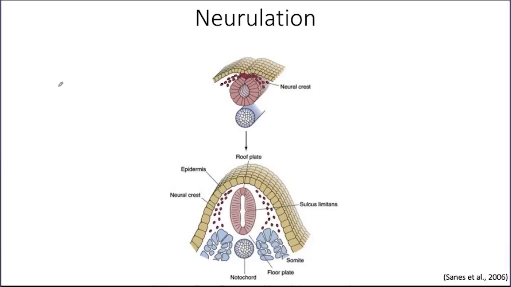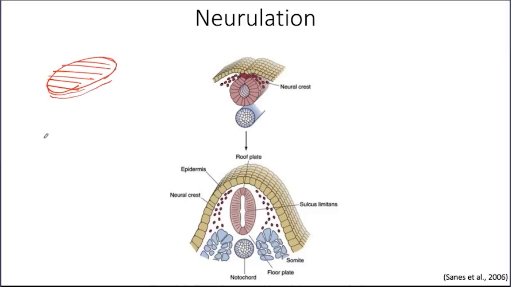The first issue is that in the process of development, we get to a point where the fetus has what we call a simple disc. So we have one simple disc that is supposed to make the kid. In this disc we have different layers.